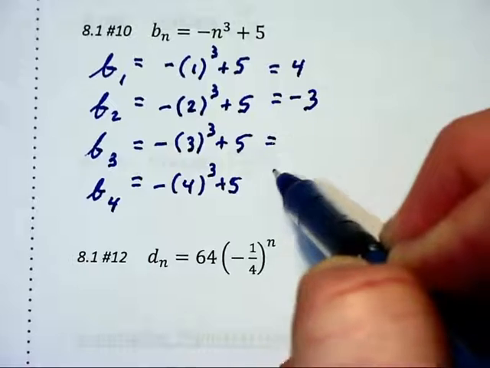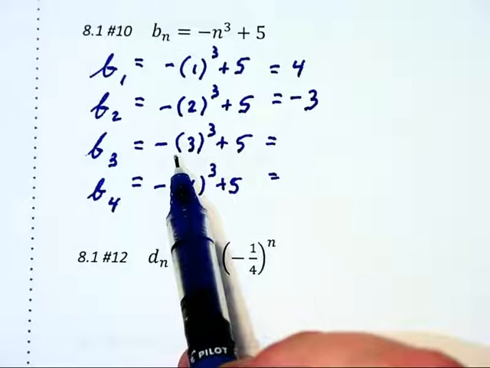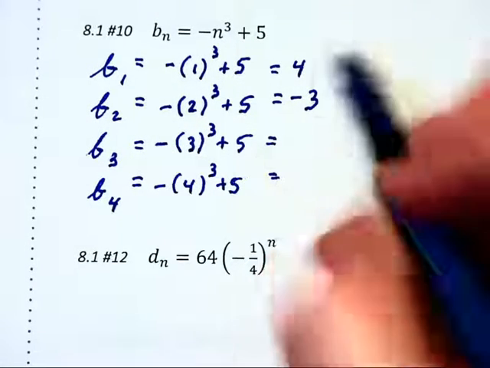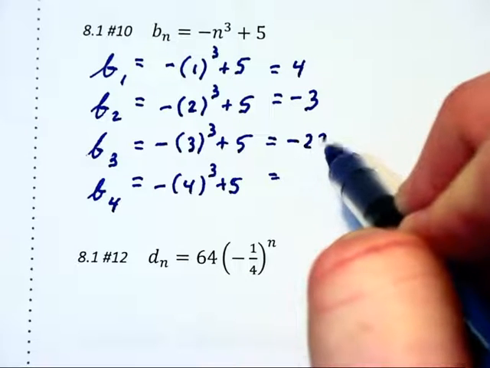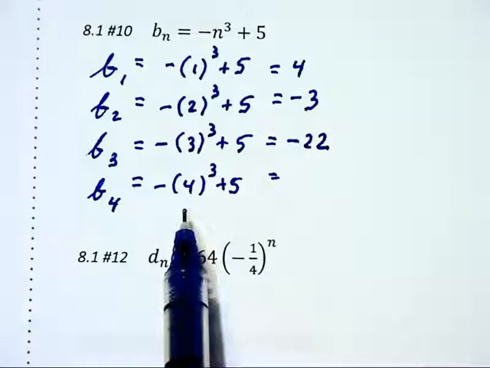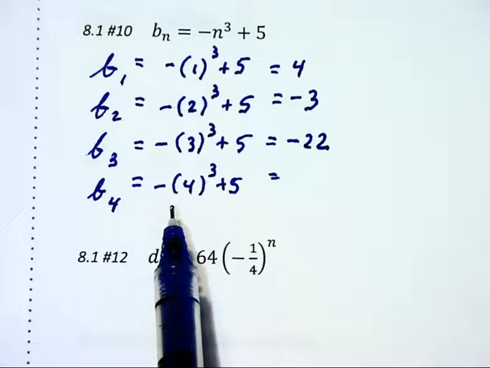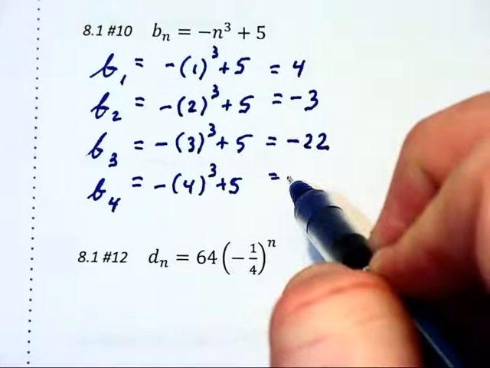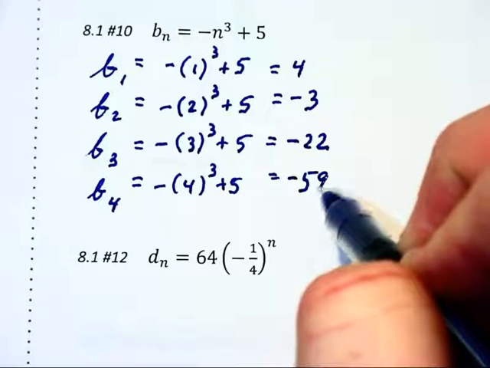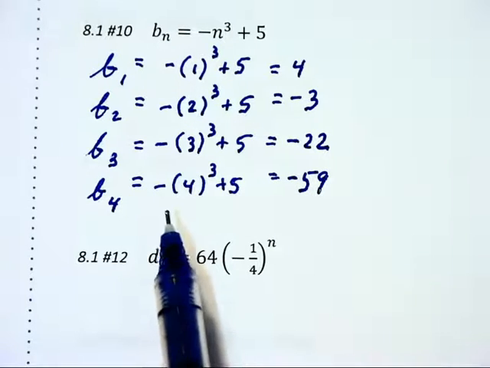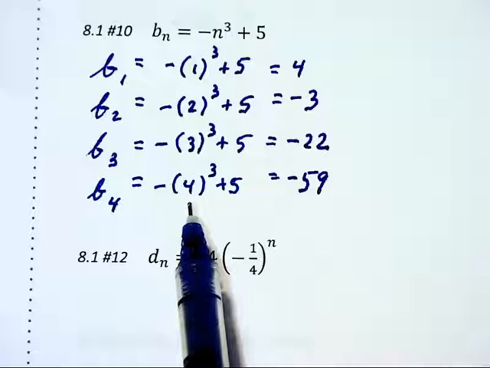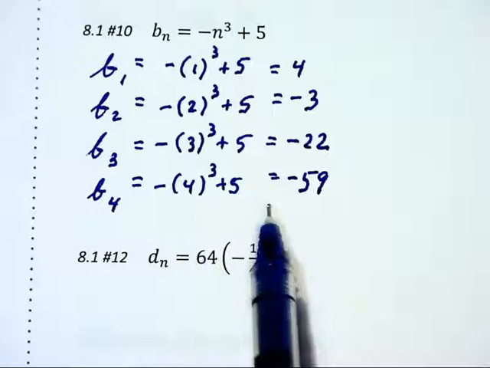Now, when you substitute in 3, you get negative 27 plus 5, which is negative 22. And when you substitute in 4, cube it, you get 64. You have negative 64 plus 5, which is negative 59. If we wanted to find the 100th term, we would substitute in 100 for the value of n and evaluate.